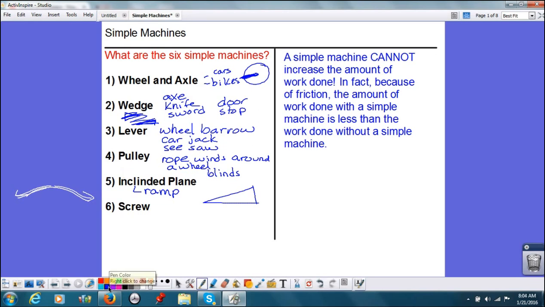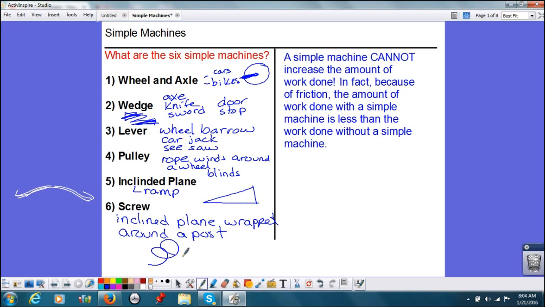The next one we have up here is a screw. This is an inclined plane that is wrapped around a post. So you take this inclined plane and you wrap it around.